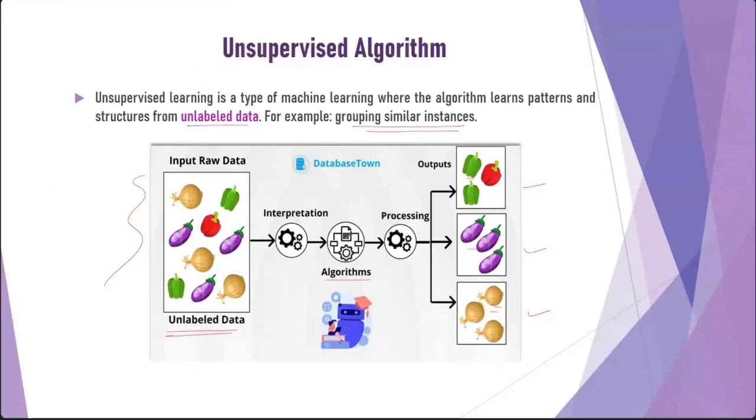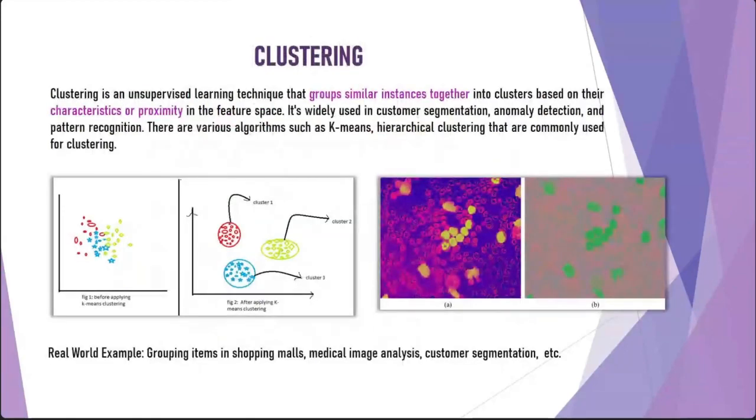Yes, Didi. Okay. So one type of unsupervised learning that we are going to learn is clustering. What is clustering? Clustering is a type where we group similar instances together, based on their characteristics or the closeness between them. How do we understand whether two data points are close?